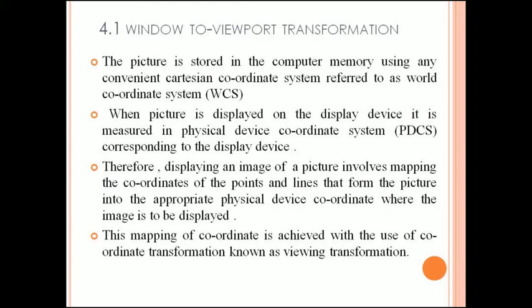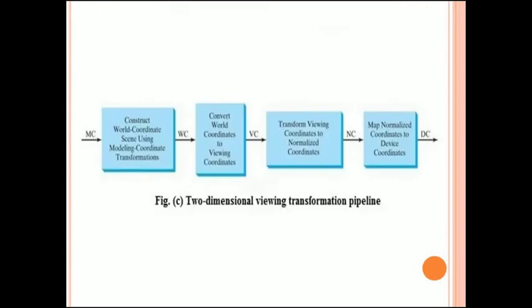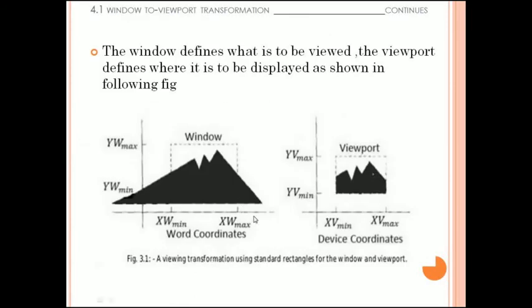In the window to viewport transformation, first of all WCS means the world coordinate system. Here is our world coordinate system, with x min and x max, y min and y max. The world coordinate means the whole picture, and this is our device coordinate, that is only the visible part.